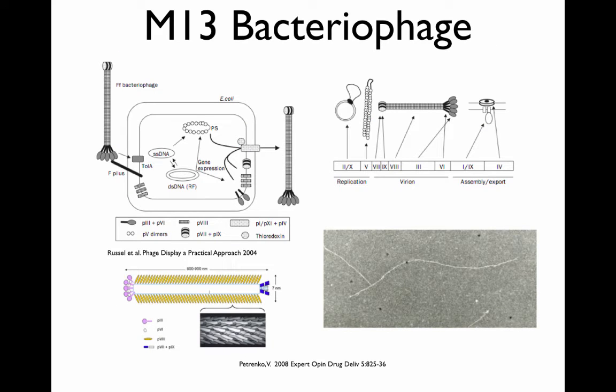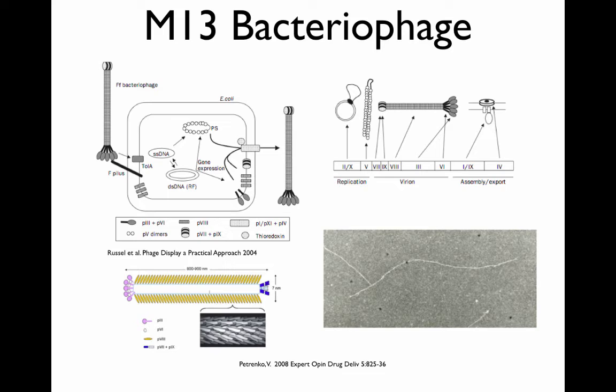And so what we've done, not me, but George Smith from the University of Missouri at Columbia, he is a virologist, and he hypothesized that he could display peptides or antibodies on the surface of viruses or bacteriophage, and bacteriophage are viruses that bind only to bacteria, so they will not infect and replicate inside of a mammalian cell.